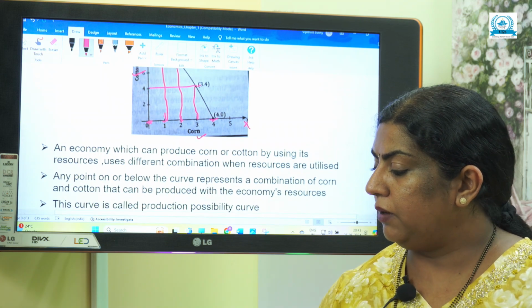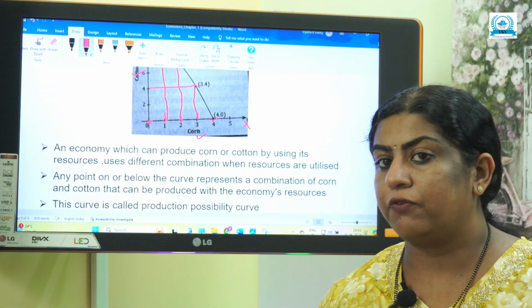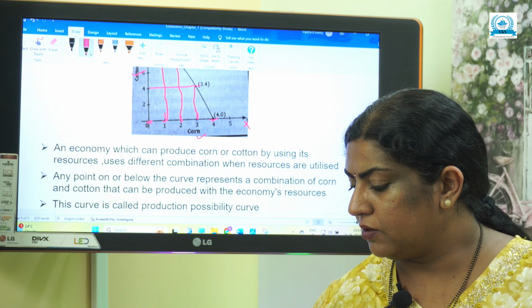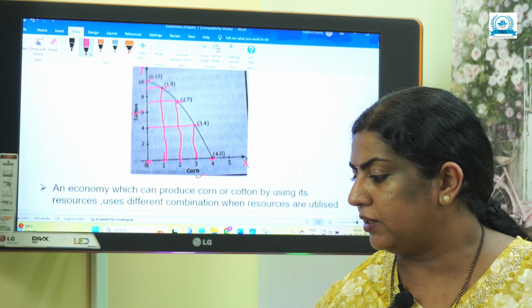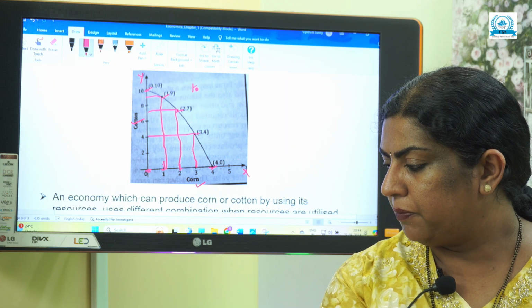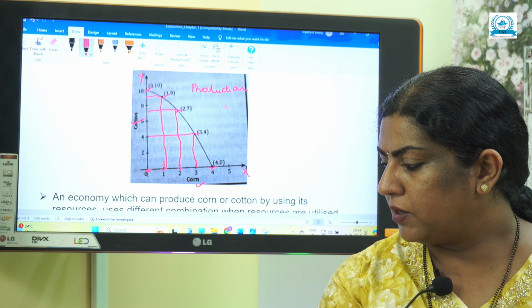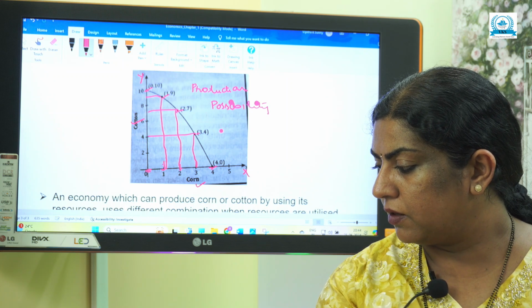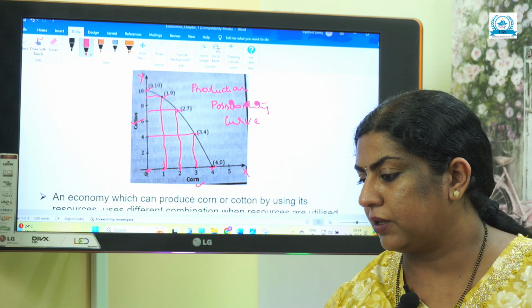This curve is called the production possibility curve. So the curve which you see here is called the production possibility curve.